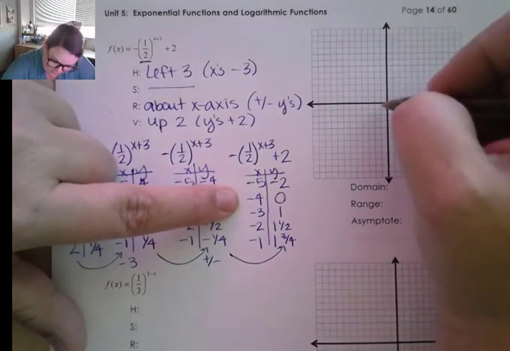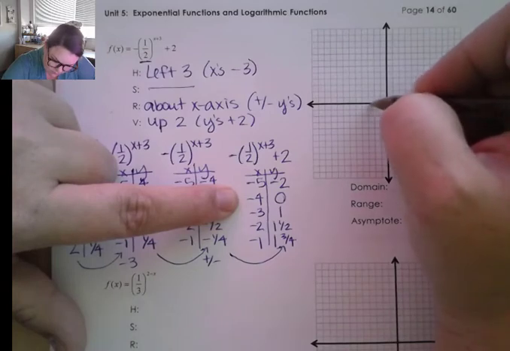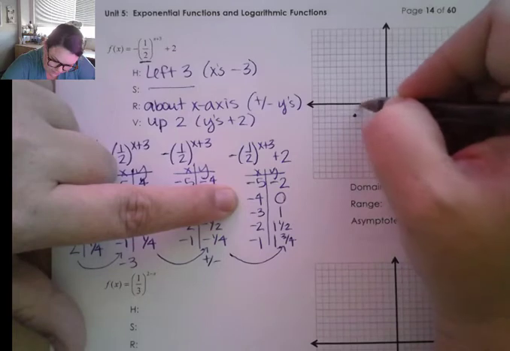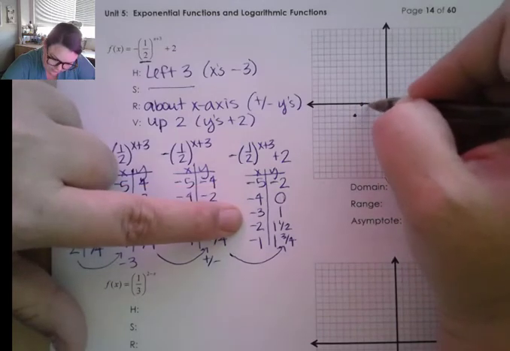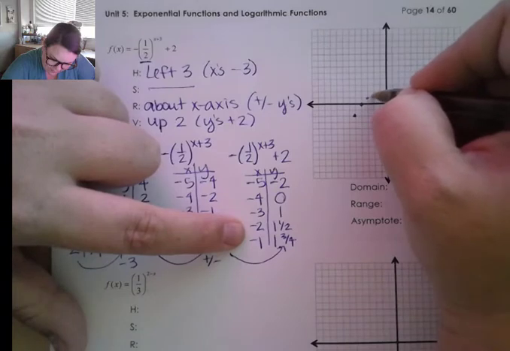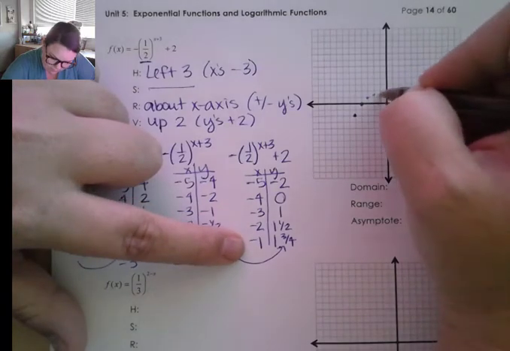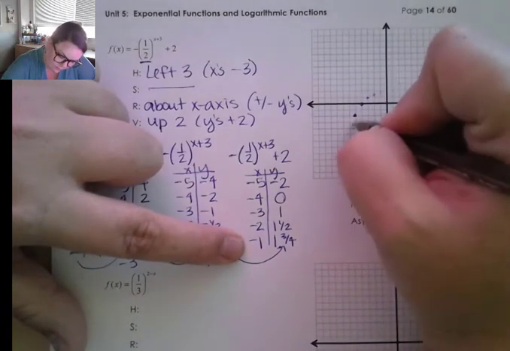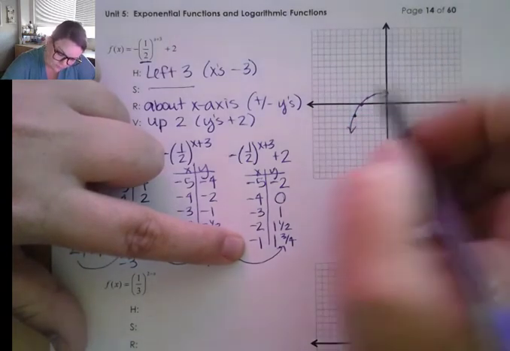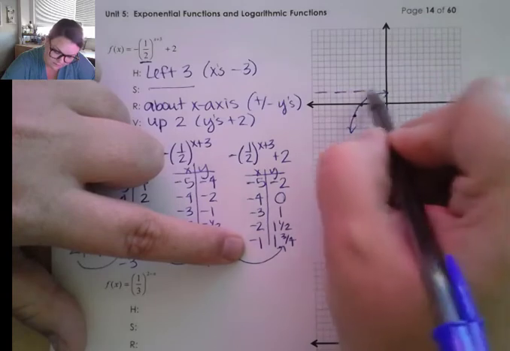At -5, I'm down at -2. At -4, I'm at 0. -3, I'm up at 1. -2, I'm at 1.5. -1, I'm at 1 3/4. So you can see this is creeping up closer and closer and closer to 2. So that's where my asymptote is going to be.